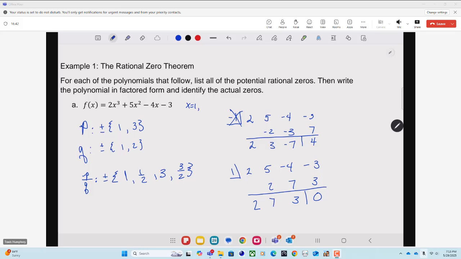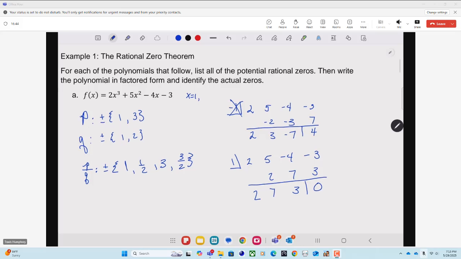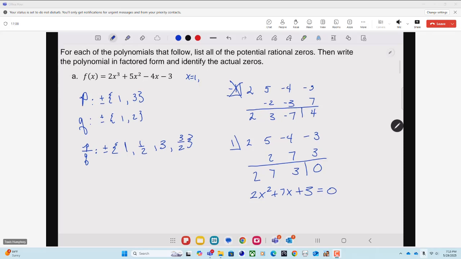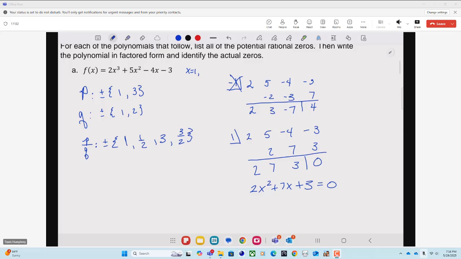Now, because this example is a cubic, the resulting quotient is a quadratic, 2x squared plus 7x plus 3. And if we set that equal to 0, then we can use quadratic formula to find any remaining zeros, if they're real.